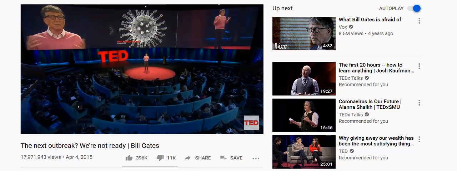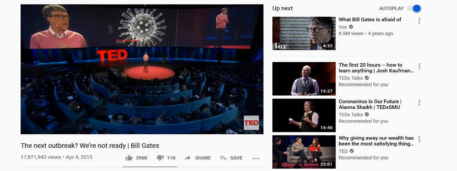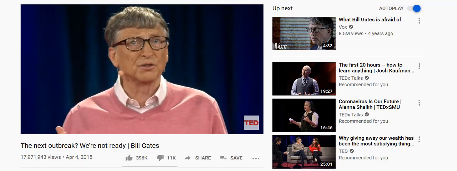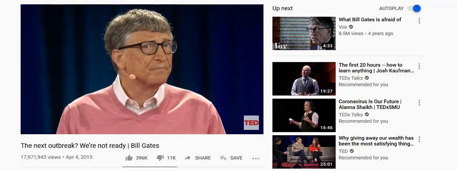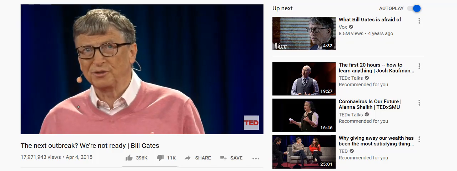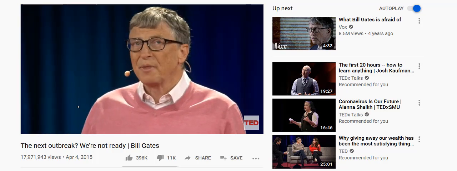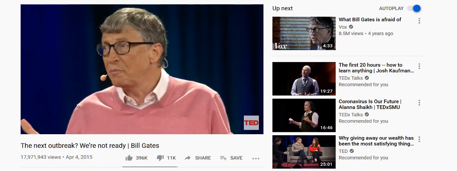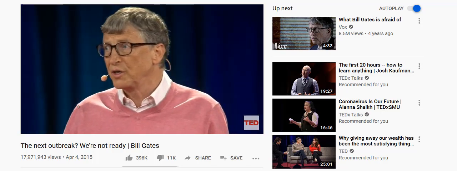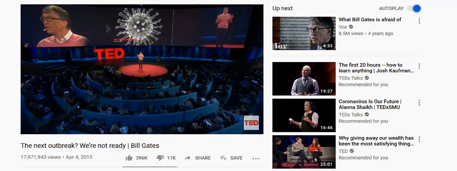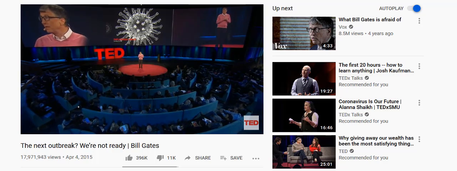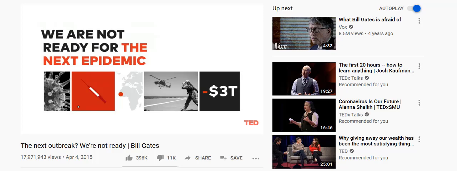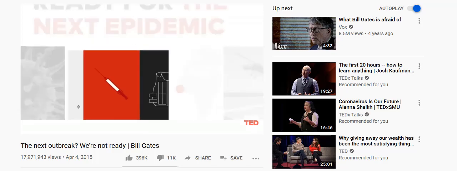If anything kills over 10 million people in the next few decades, it's most likely to be a highly infectious virus rather than a war. Not missiles, but microbes. Now, part of the reason for this is that we have invested a huge amount in nuclear deterrence, but we've actually invested very little in a system to stop an epidemic. We're not ready for the next epidemic.